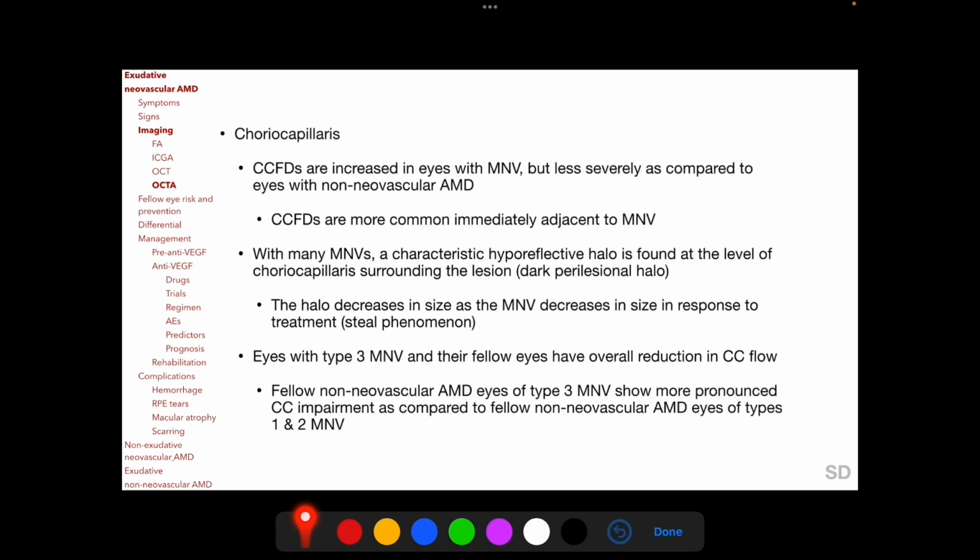On OCTA, choriocapillaris flow deficits, which we have discussed in the previous session, are increased in eyes with neovascular AMD but not as severely as compared to eyes with non-neovascular AMD. And among the various types of MNV, eyes with type 3 MNV and their fellow non-neovascular eyes have more severe choriocapillaris flow impairment as compared to type 1 and type 2 MNV eyes and their fellow non-neovascular eyes.